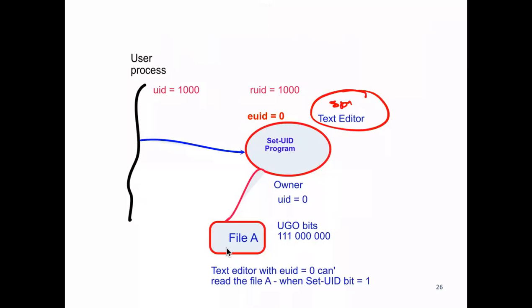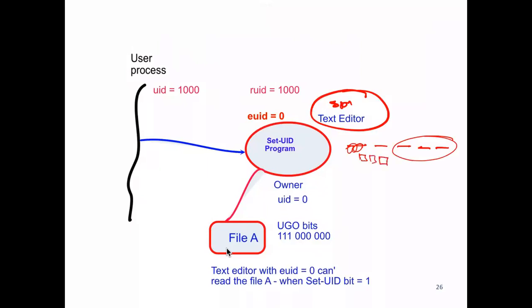It is actually a file, like an ELF file, that goes to memory when you load it up, and that ELF file has the program. When you load it up, it becomes a process, right? So that file has all these 12 bits. 9 are the regular ones, and then we have 3 special bits.